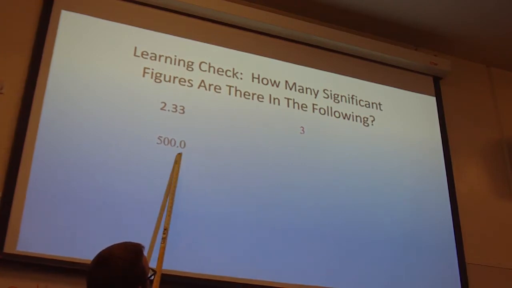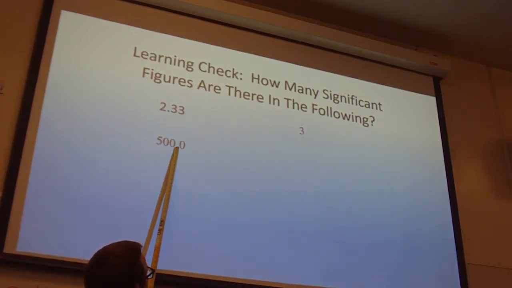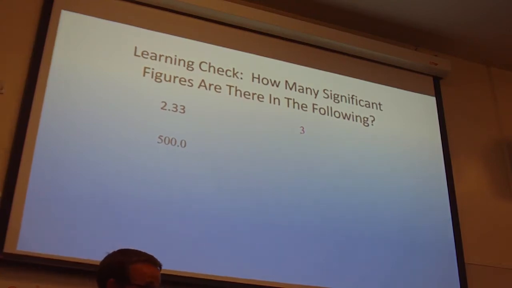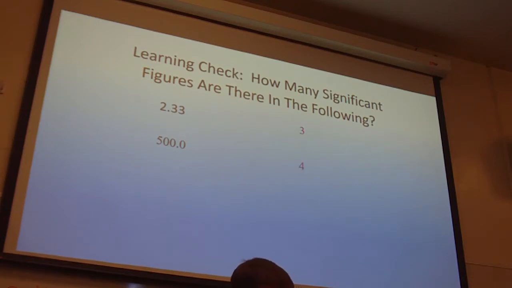So that decimal shows us that these two zeros are for sure significant, and the fact that there's actually a value written there shows us that that is the estimate. Okay, so we got 4 significant digits. How about this one? 1 significant digit. 3 significant digits. Any questions with that one?